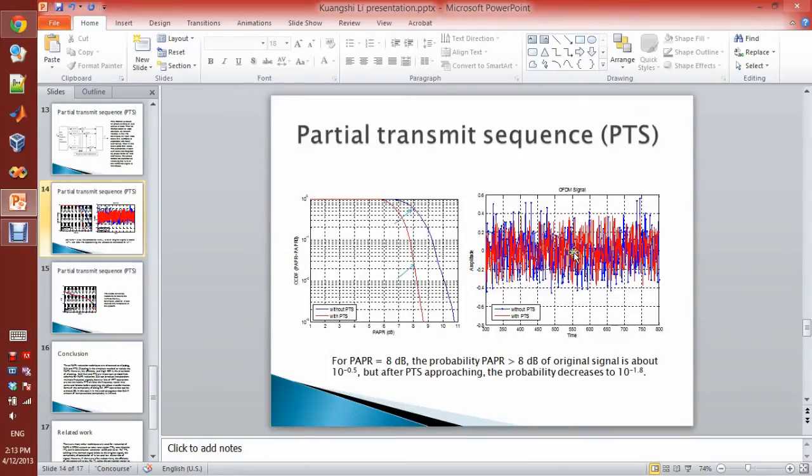Also, the red signal is more concentrated, and there are few peaks, and the average is larger than the original one.